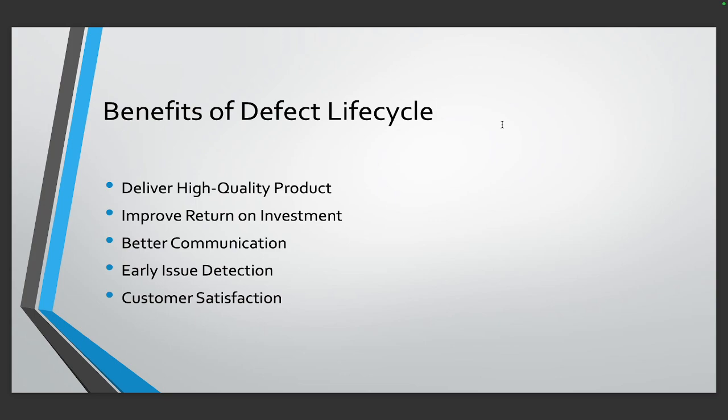By effectively managing the bug lifecycle, development teams can reduce costs, improve ROI, and deliver reliable, user friendly software. Improve ROI, we have said it before, improve return on investment.